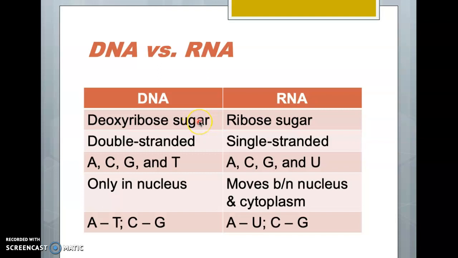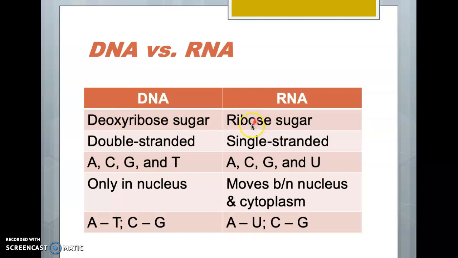Deoxyribose is the sugar in DNA that forms the nucleotide that's part of the backbone, the pentagon shaped in the structure that we draw as we represent the DNA molecule. Ribose is the sugar in RNA. The difference between ribose and deoxyribose, D means without, oxy, oxygen, so deoxyribose has one less oxygen than ribose does.